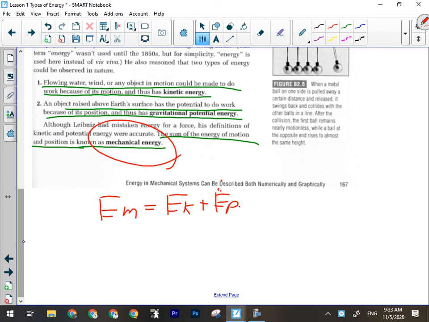Okay, that is something we are going to use over and over again in the second half of this unit. Okay, questions there?